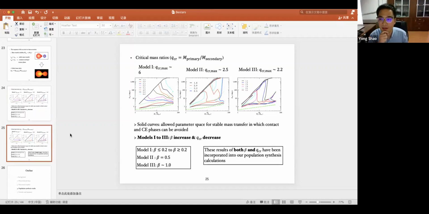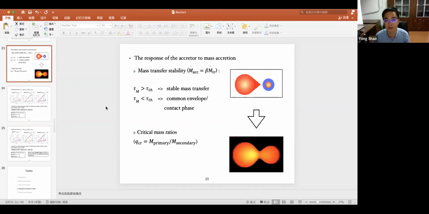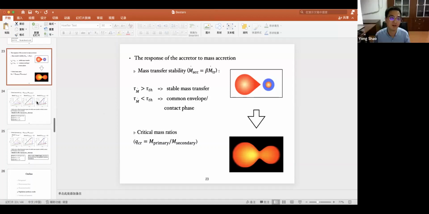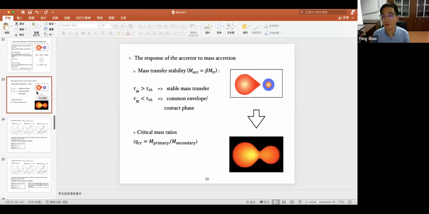Yes, I consider the mass transfer stability, and then we consider the response of the accretor due to accretion. Actually, we use the stellar evolution code to do these calculations.